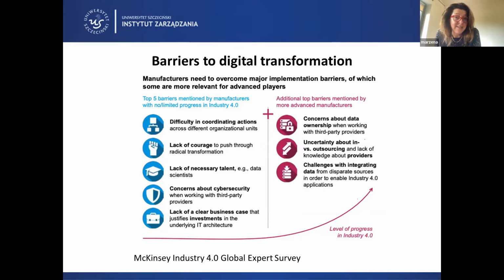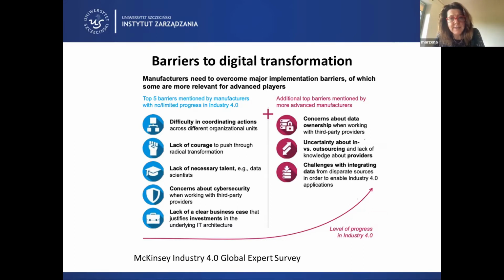There is a lack of necessary talent. This is a chance for you, of course. There are also concerns about cybersecurity and the lack of a clear business case that justifies investment in IT architecture and IT solutions. So you can see there are a lot of questions, and also a lot of fears.